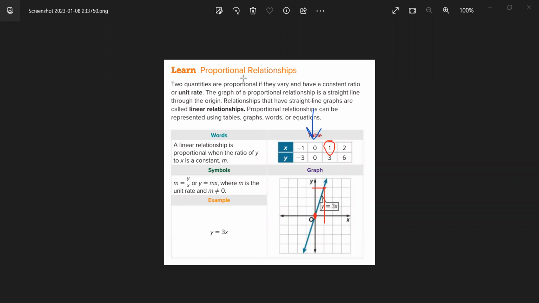Let me see if I can draw it. Something like that. Let's see how. If you see in this graph, Y is in the vertical zone, in this zone right here, okay? And X should be in this zone right there.